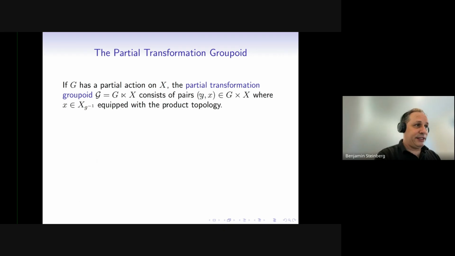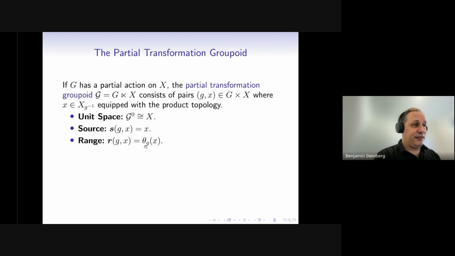So I look at all pairs (g, x) where x is in the domain of g. Remember, X_{g inverse} is the domain of g. So the unit space of this groupoid can be identified with X. The source of an arrow (g, x) is x, and the range of (g, x) is theta g of x. So you can let g act on x, and my condition here says that theta g of x makes sense.